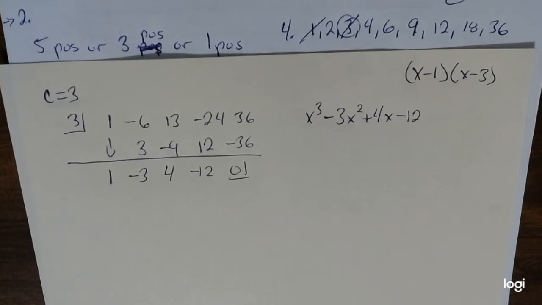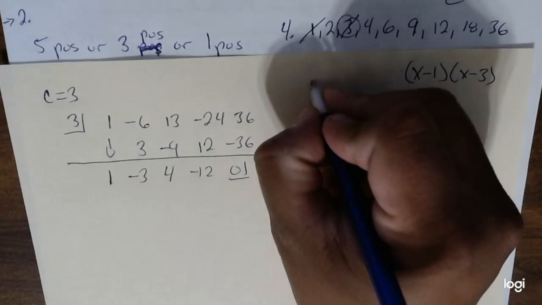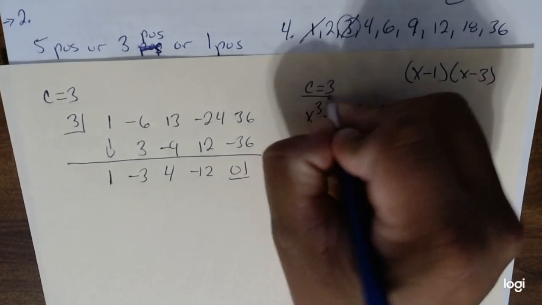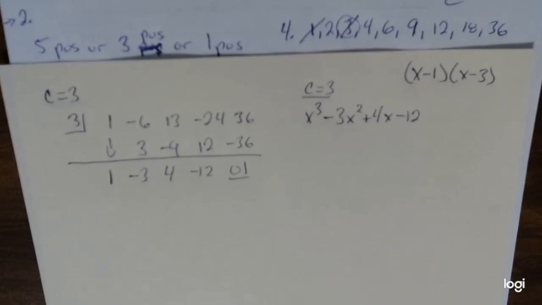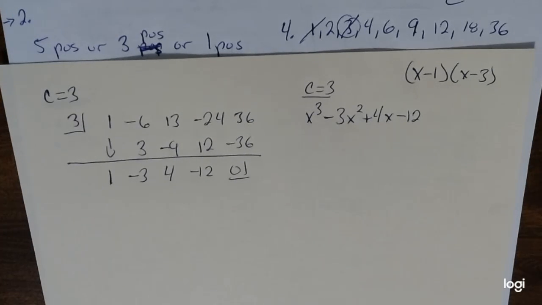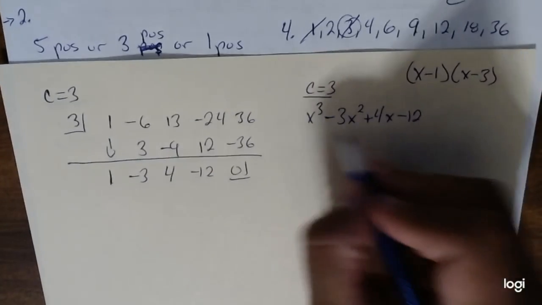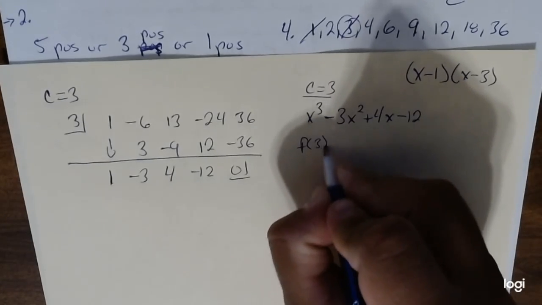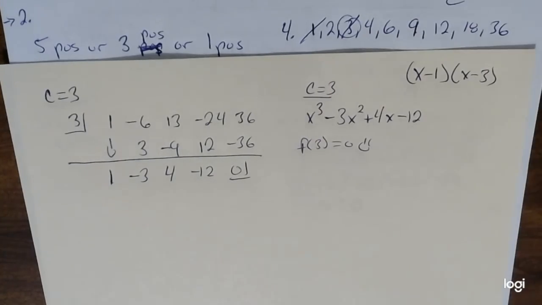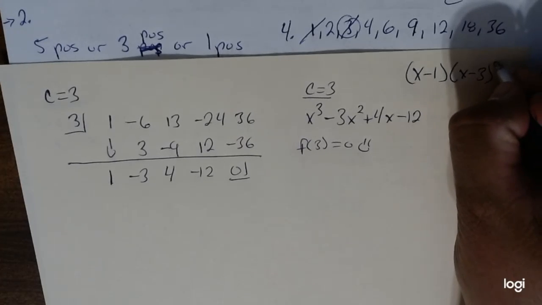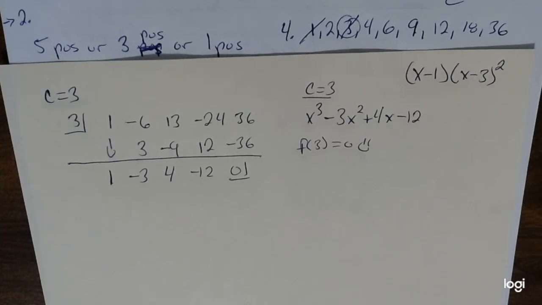Let's try 3 again. Yes, which means we can have multiple of the same number. How fun! If you plug 3 into this, you should get 0 as well, which means we have a double root: x minus 3 and x minus 3.